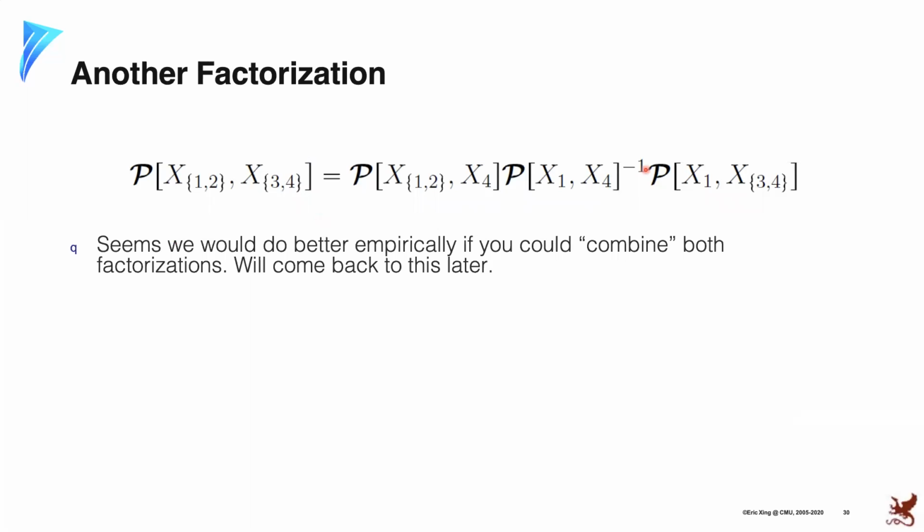We usually do better empirically if we combine both factorizations. The normal way to do that is to take the expectation over different such factorizations to estimate this p.